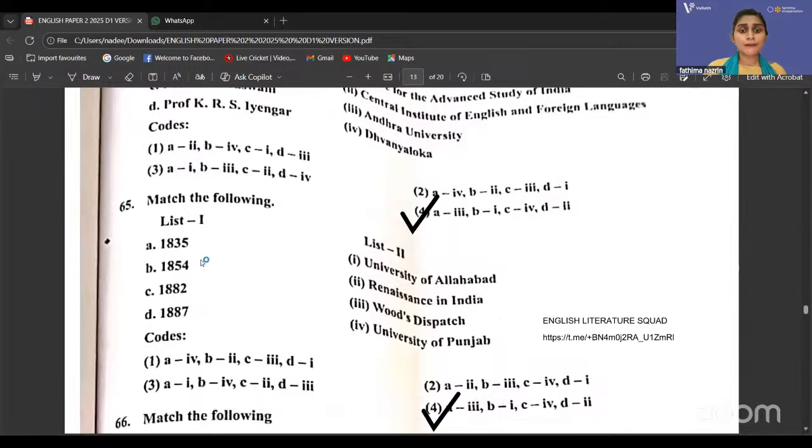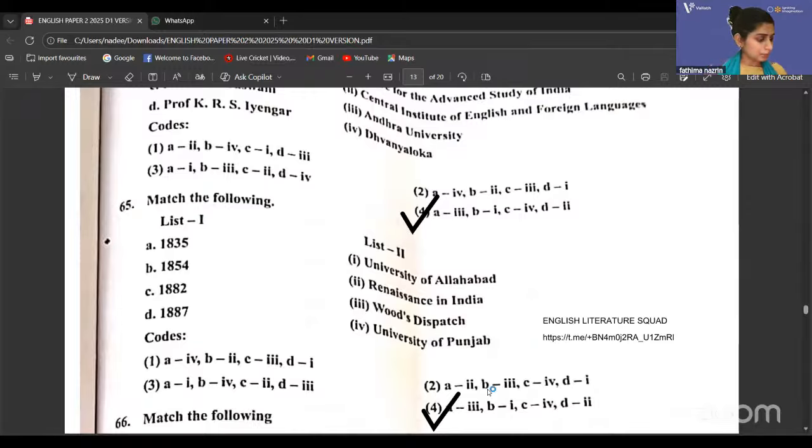Okay, now coming to 65th question, match the following. So 1854, as you know, is Wood's Dispatch. So B should be 3. So let's check for options where B is 3. You have just one option. So 1854, Wood's Dispatch.